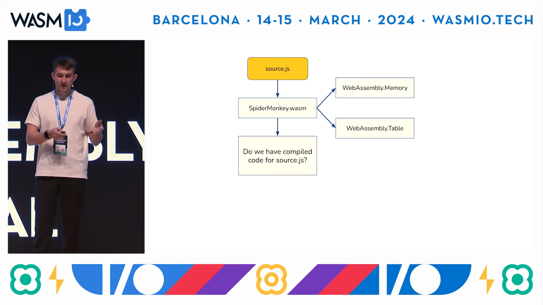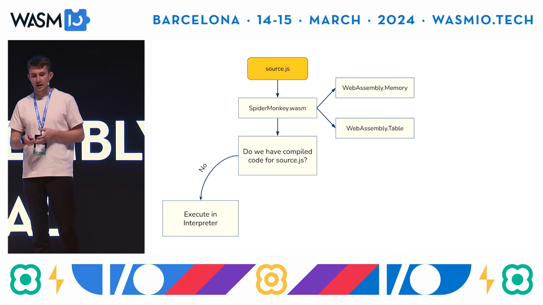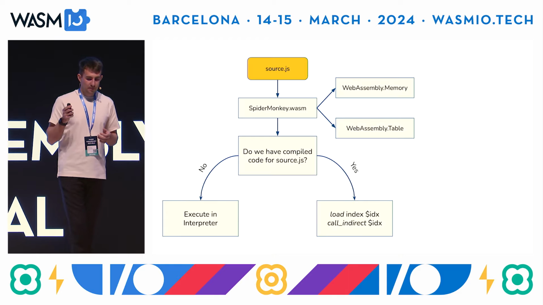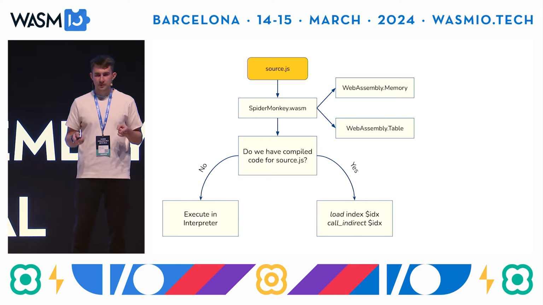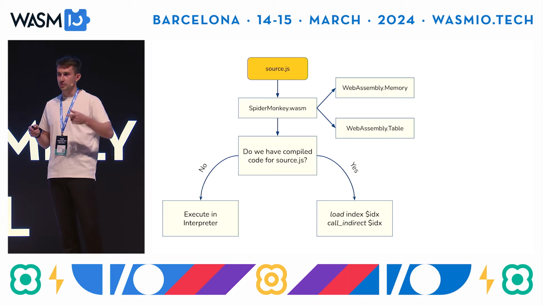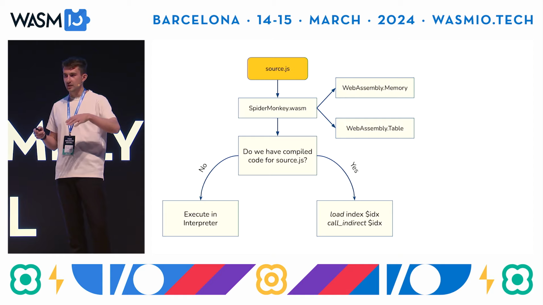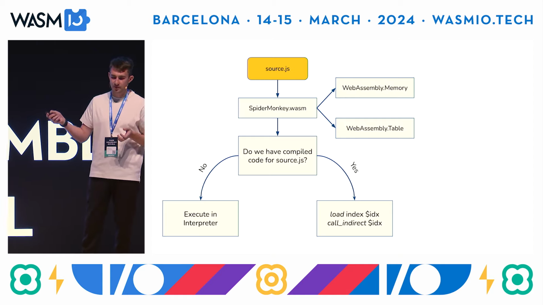If we don't have a compiled version for this code, we will go to the interpreter. And if we have compiled code, we have to emit a call indirect and load from memory. Why is that? Because in Wasm MVP, it's the only way to indirectly call code, and this code can be changed at runtime, which is why it's called indirect with load.